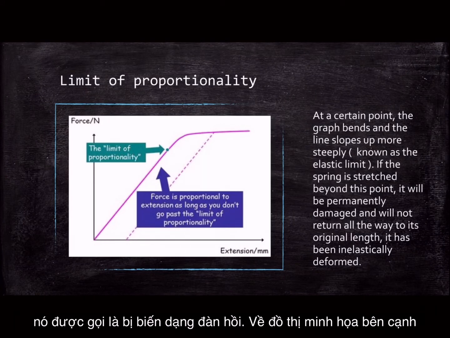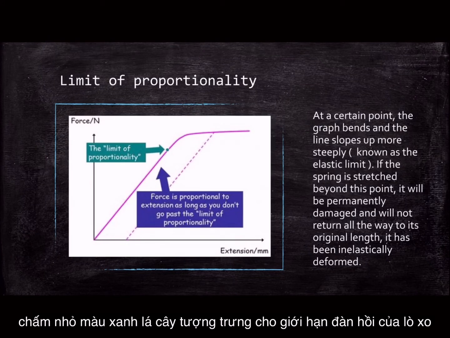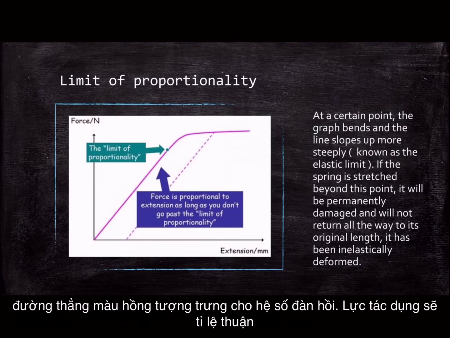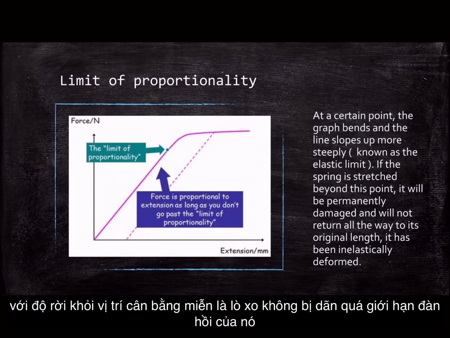You can see here on the graph, the little green dot represents the limit of proportionality, and the pink line is like the spring constant, and the force is proportional to the extension as long as you don't go past the limit of proportionality.